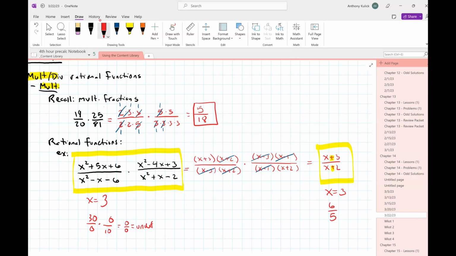If I picked, say, 0, that works because I get 6 over negative 6 times 3 over negative 2, which is just 3 over 2 for both of them. So it seems like we kind of got it, but not every number is working.